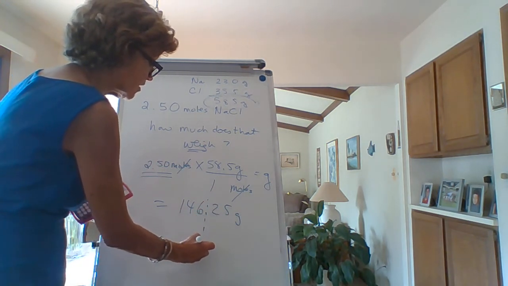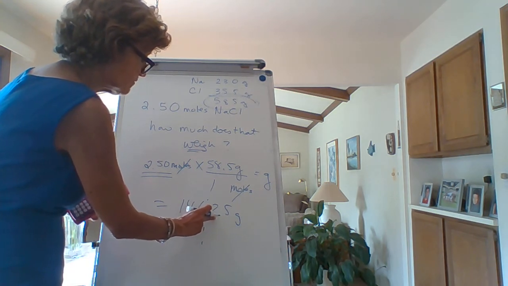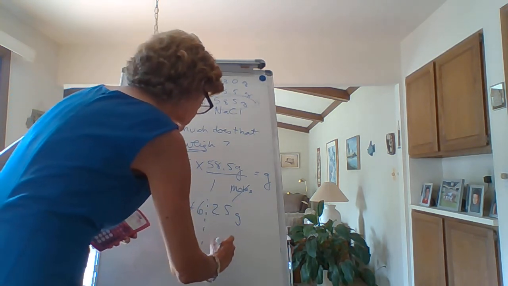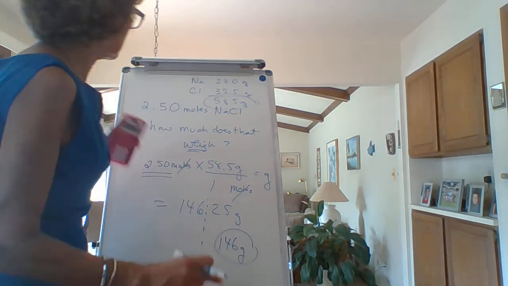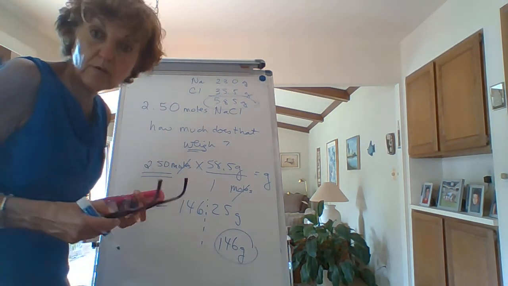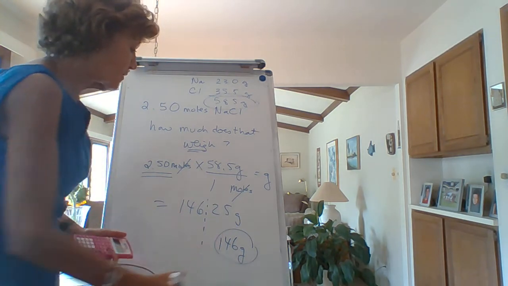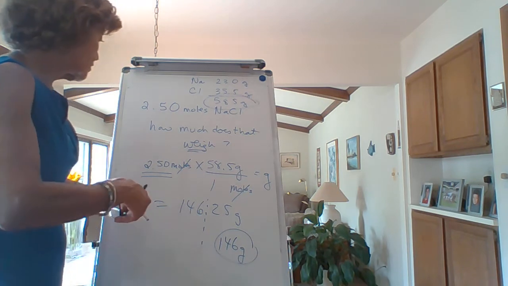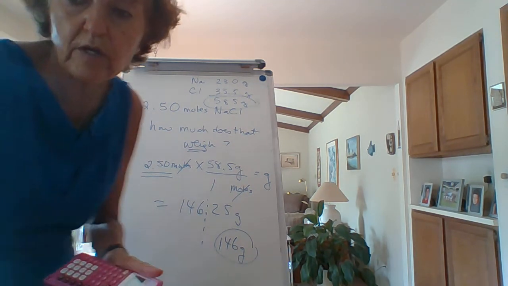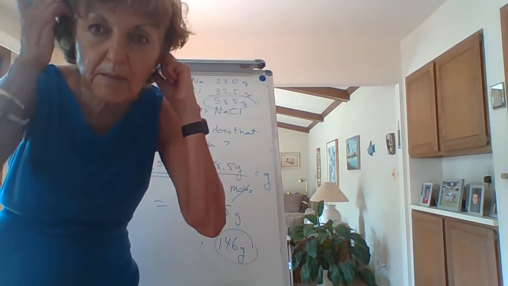So I'm going to cut it off right here. This is not a 5 or higher, so I'm going to round it to 146 grams. So that means if I have 2.5 moles of sodium chloride in an experiment, I need to weigh out 146 grams.